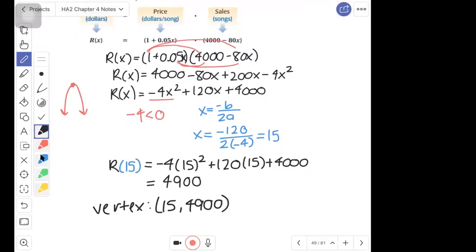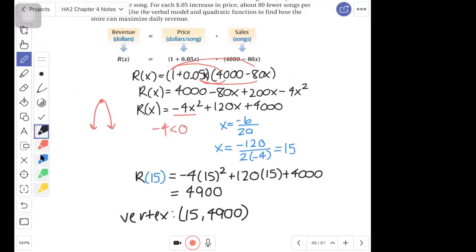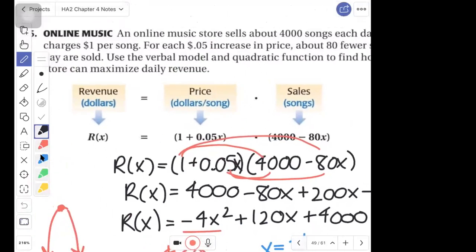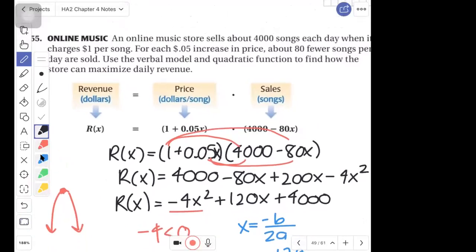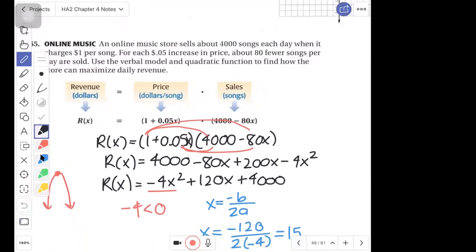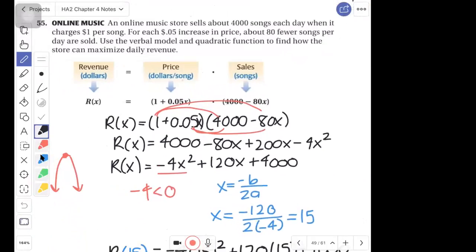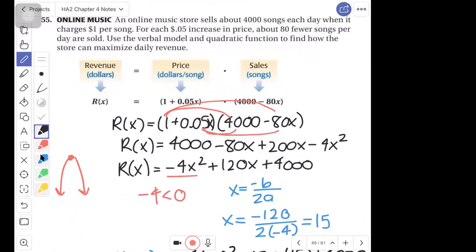So let's think. So our x, they're saying when we increase the song by 5 cents, then we will have about 80 fewer songs per day sold. So that x in our price function right here, you can see, is being multiplied by that 0.05, 5 cents.